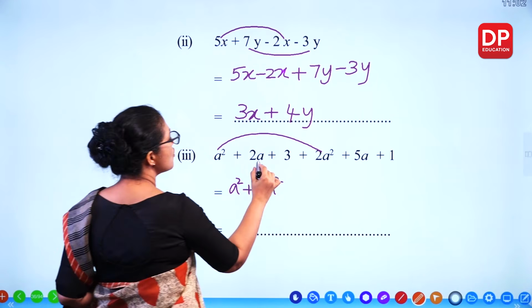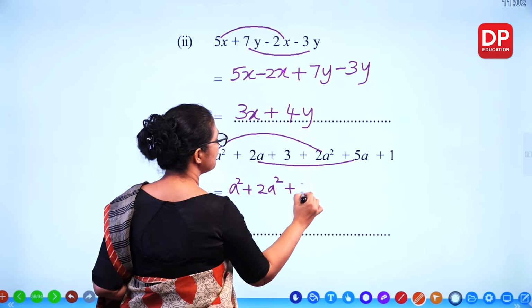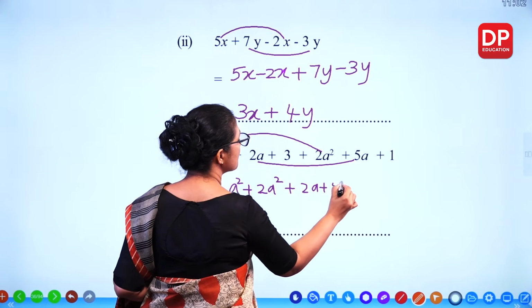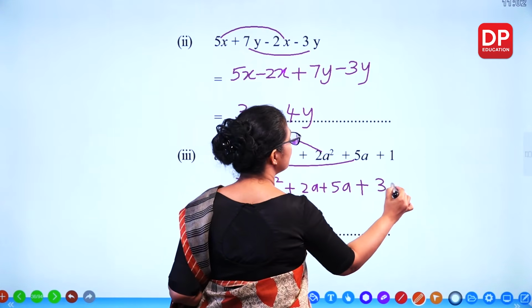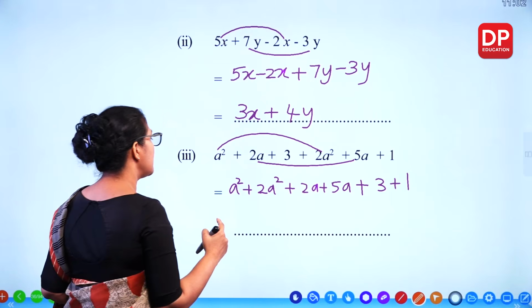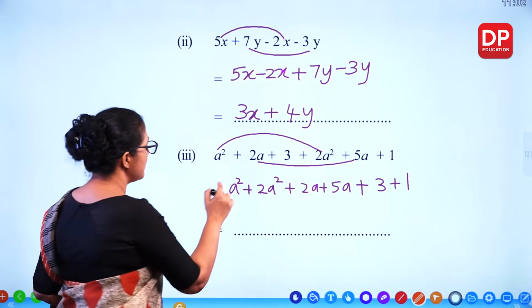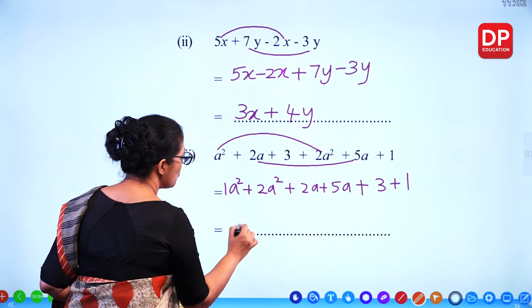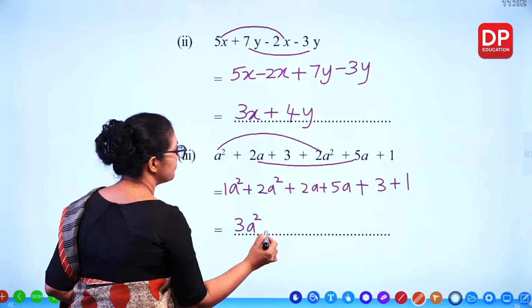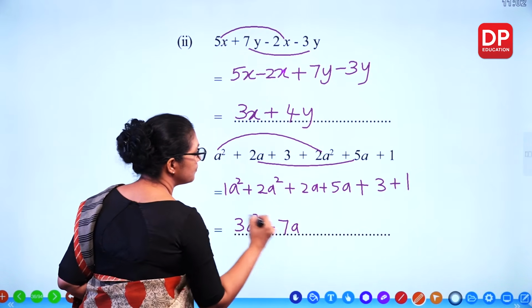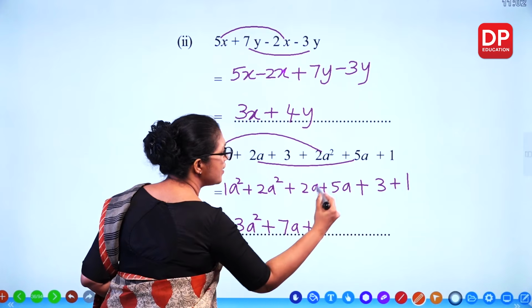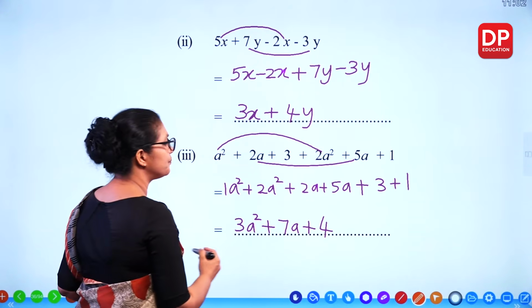Then 2a and 5a. 3 and 1. Now add it. A squared and 2a squared. This is like 1. 1 plus 2, 3. 2 plus 5, that's 7. And 3 plus 1, you get 4.